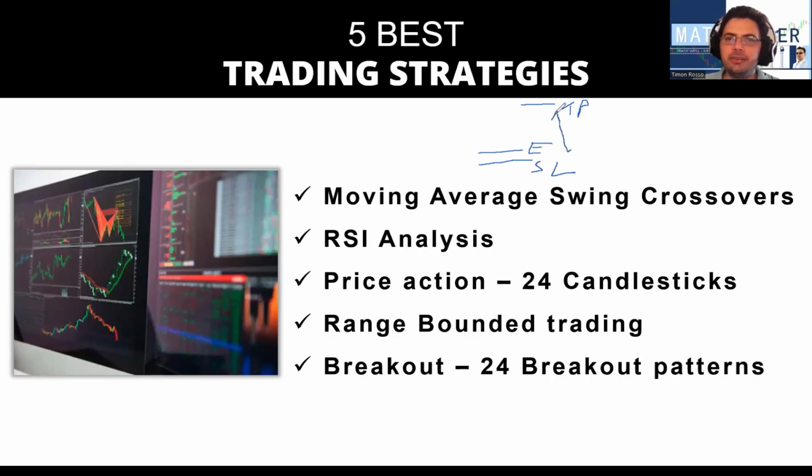And if this is more than 1 to 5, which means that I'm willing to risk 1 to make 5, if you do this over a number of trades, you will find that even with a 70% win rate, you can be profitable.